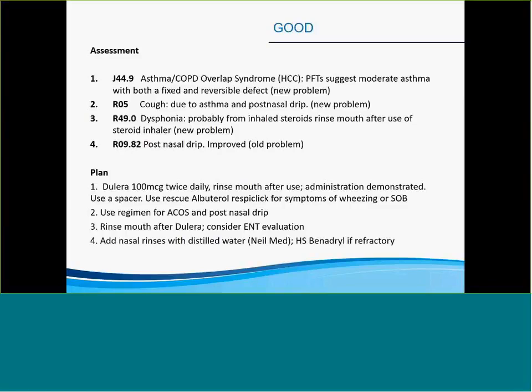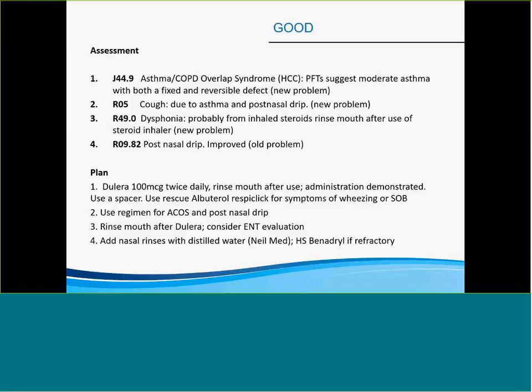Go figure. So here the pulmonologist gives his logic. PFT suggests moderate asthma with a fixed and reversible defect. That's how you make the diagnosis of the overlap syndrome. And you go to plan. He says, Dulera twice daily, rinse mouth, administration demonstrated, use albuterol for symptoms of wheezing and shortness of breath.